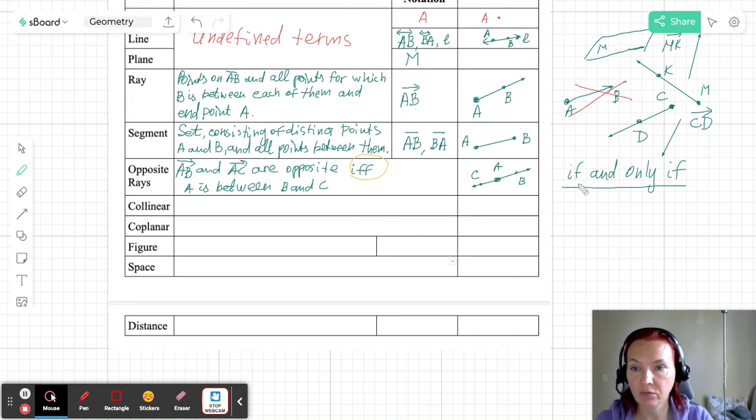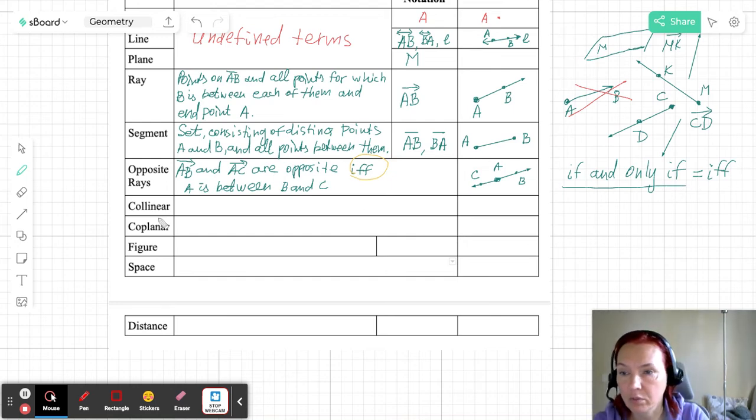Right now, in brief, that means that if those rays are opposite, then A is between B and C, and also if A is between B and C, then those two rays are opposite. That's what if and only if means, and the abbreviation is IFF. We just do I and then two F's. So that's not a typo, it's an abbreviation for if and only if.